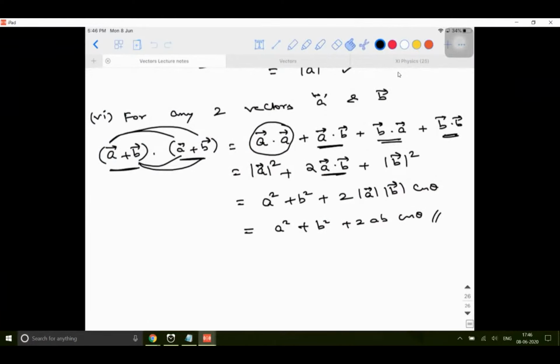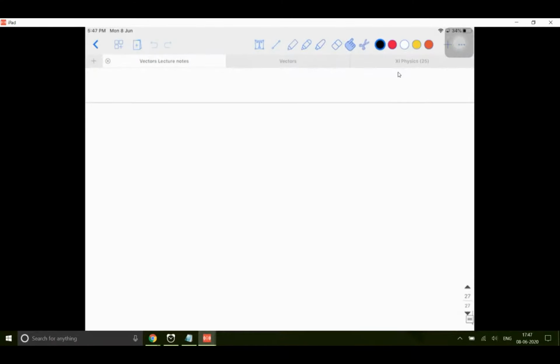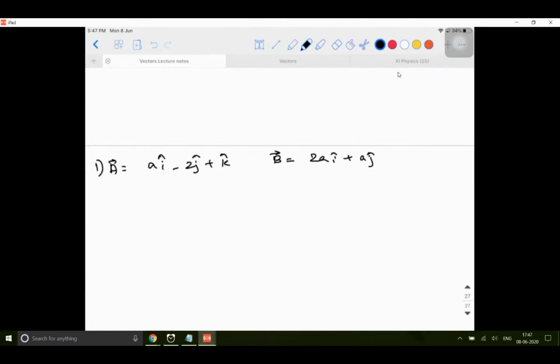What is the question? Can you tell me both the vectors? A vector is equal to a i cap minus 2j cap plus k cap. And what is B vector? 2a i cap plus a j cap minus 4k cap. So they both are perpendicular to each other.